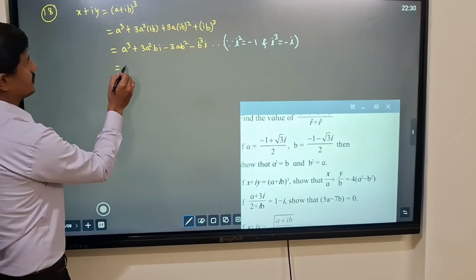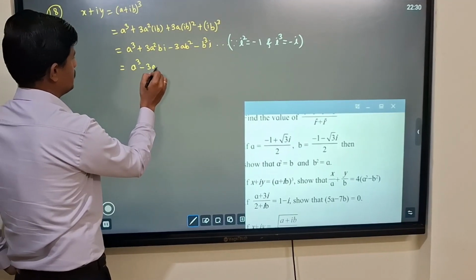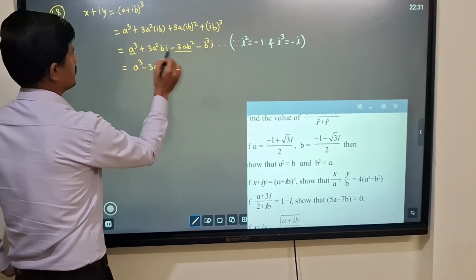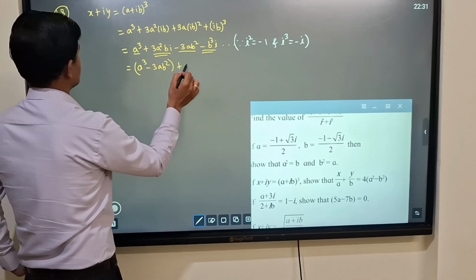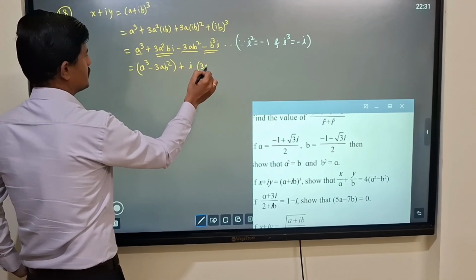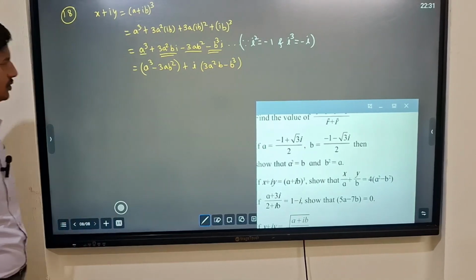So a cube and minus 3ab square, these terms are real numbers, and the others are imaginary numbers. If I take i common, this becomes 3a square b minus b cube.